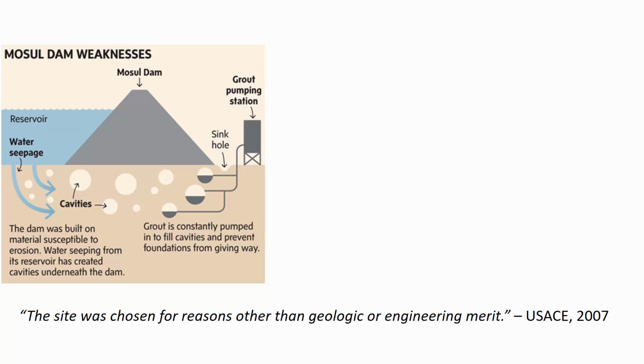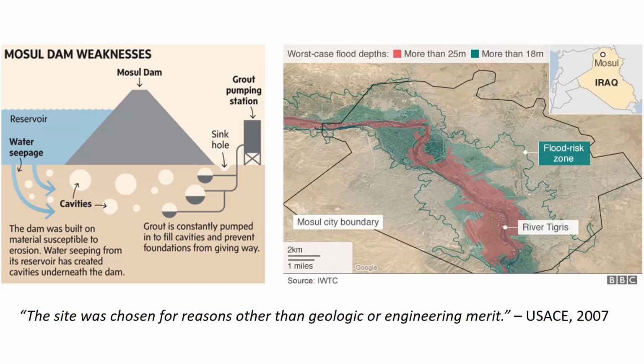The rock is a really soft limestone that's just eroding, and they have to grout sometimes hundreds of tons per day of cement underneath the dam so that it doesn't just wash downstream. One of the things that makes this concern especially acute is that the city of Mosul was out of Iraqi control for more than a year, and they didn't have control over the dam for a while because it was taken over.